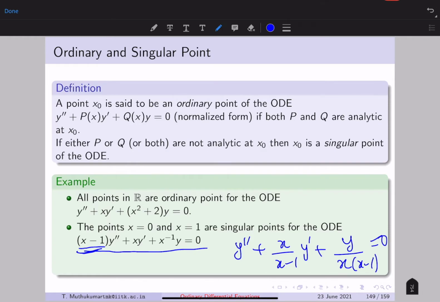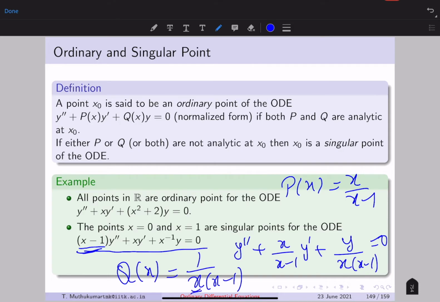So your P is x over x minus 1, and what is your Q? Your Q is 1 over x into x minus 1. So every other point is an ordinary point except when x equal to 0 and x equal to 1, because for x equal to 1, P has a singularity, right?